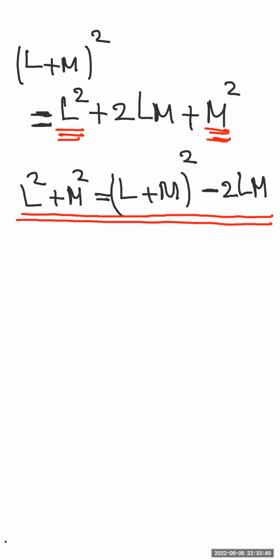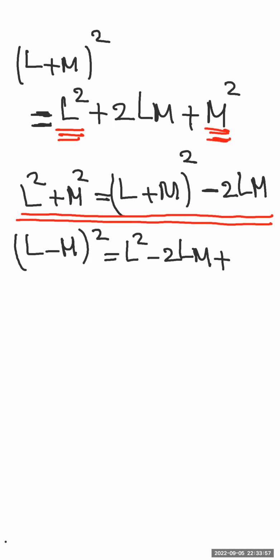Okay. The next rule, the expression L minus M to the power 2 equals first term squared minus first times the second times 2, so 2LM, plus second term squared.